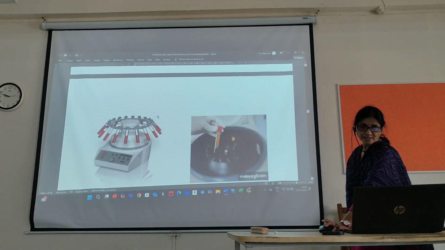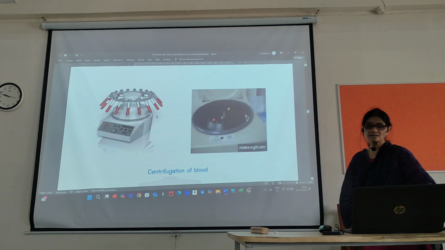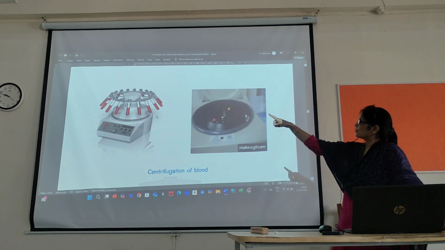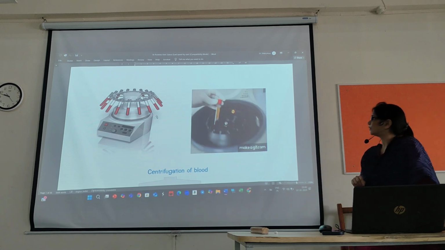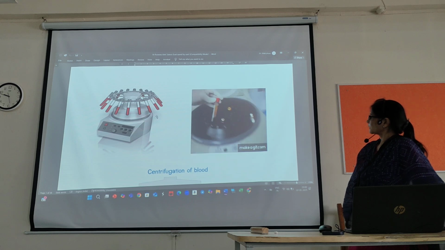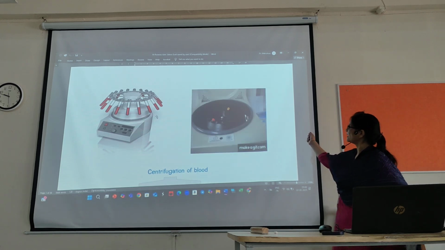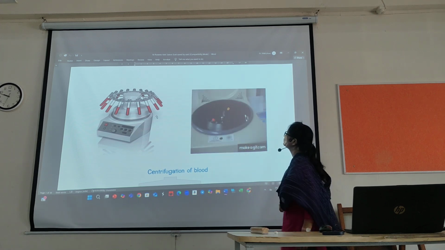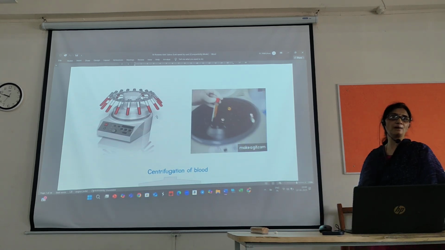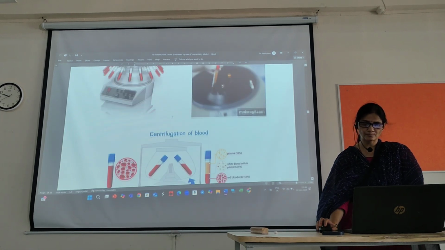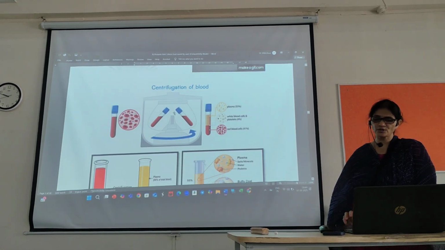Enzymes and vitamins are also present. You can see here in the image, this is the centrifuge machine. See, the different types of blood samples are present in that assembly, that is the centrifuge machine. And in the images, this yellow part is called the plasma. So this is the centrifugation of blood.